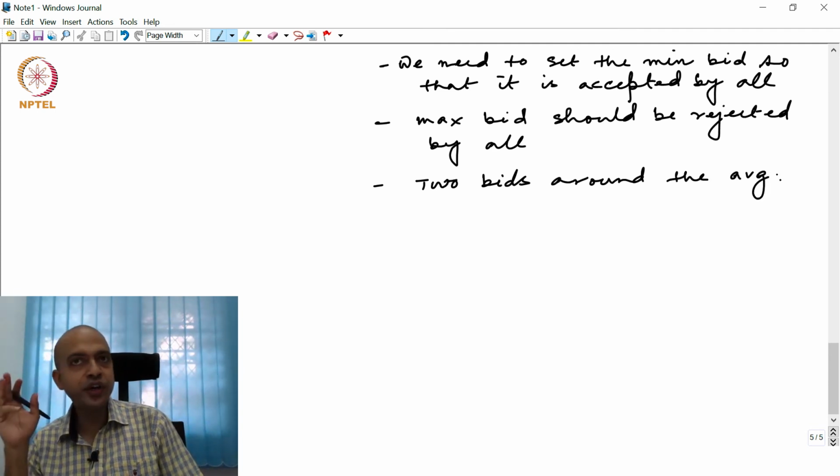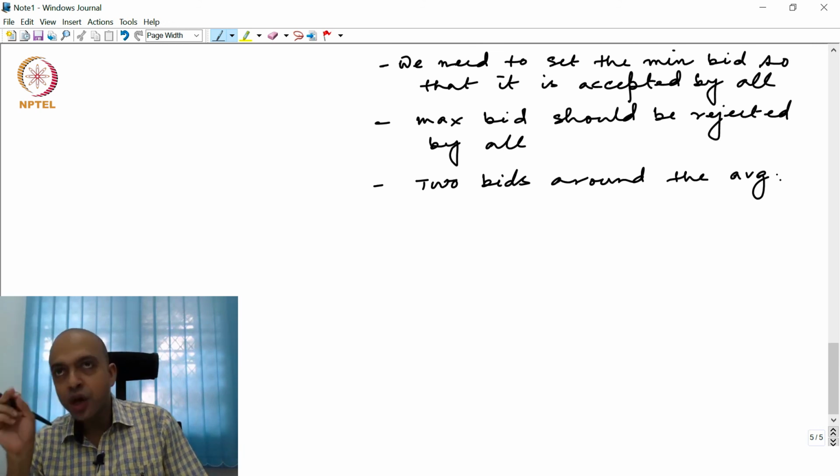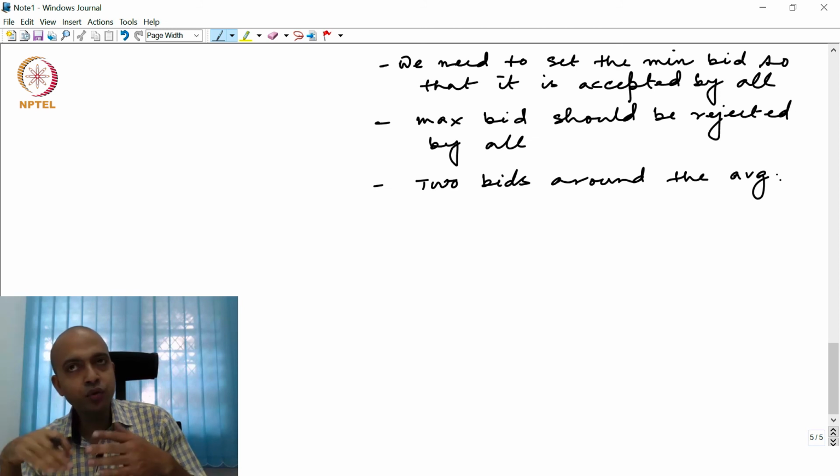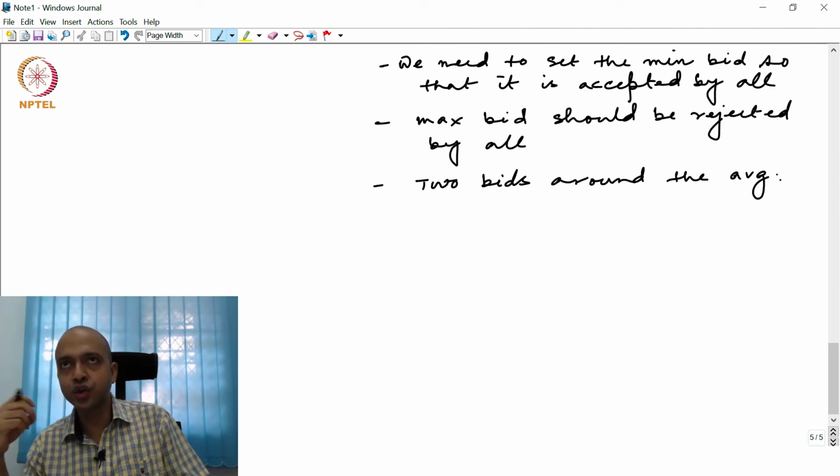So we have then 4 bids: minimum, maximum, and 2 from the neighborhood of the average. From these 4 bids, we have to select one bid randomly and ask the individual, and then the individual will say either yes or no, and then we will note down that.